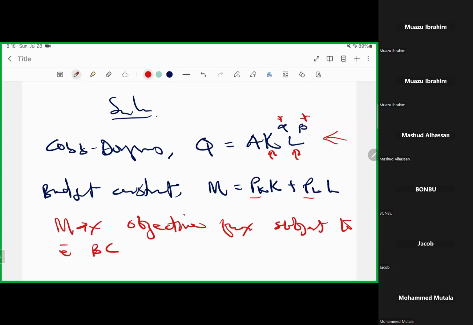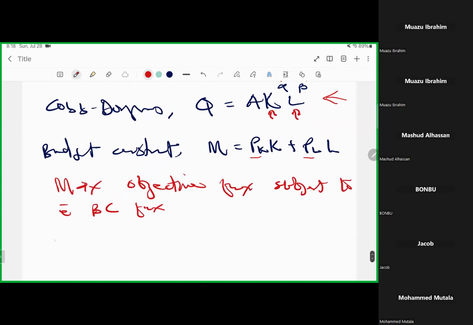So BC is the budget constraint function. Here we need to set up the Lagrange function, or the Lagrange multiplier.